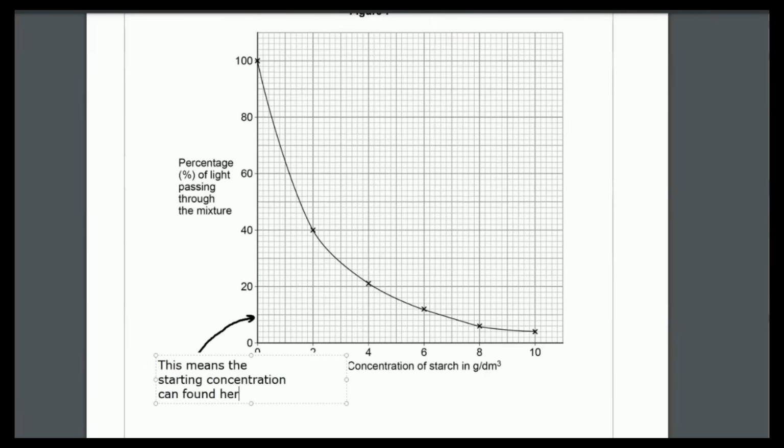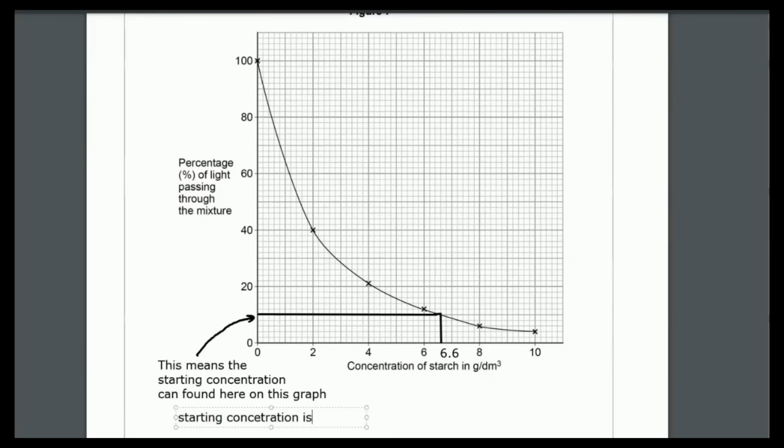It's obviously quite a high concentration because not a lot of the light is getting through, and that's because the starch makes the iodine blue black and absorbs a lot of the light. So look here, it goes 3 little squares past 6, and each square is 0.2, so it's 6.6 grams per decimeter of starch.